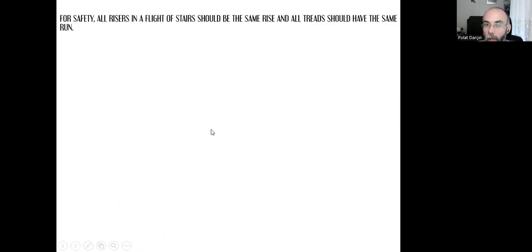For safety, all risers in a flight of stairs should be the same. We shouldn't change the riser height, and of course, the width of the treads should be the same as well. This is a very bad example. It's very dangerous, because when we are using the stairs, we don't realize what we are doing.